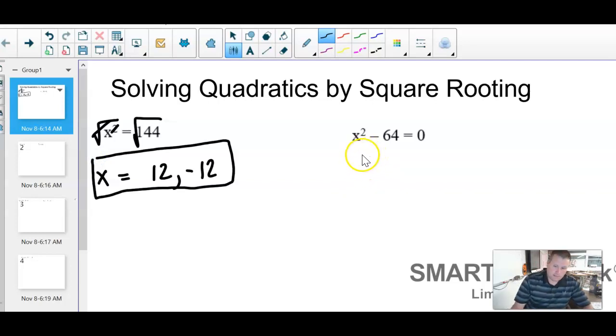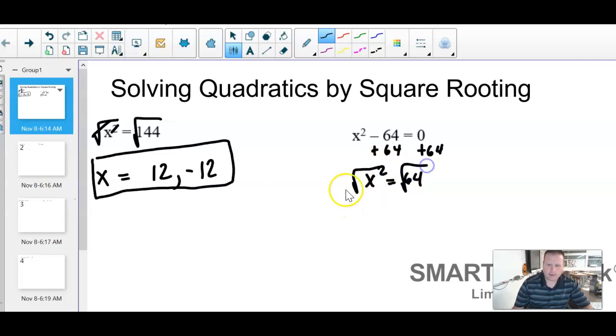Okay. If I look at the second example, I have to get the squared term by itself, like I have to get this x squared by itself. So to do that, I'm going to add the 64 over to start with. And then I have x squared equals 64 here. And now I can use my square roots, and I'll be left with x here. This is another one you do number prison on.